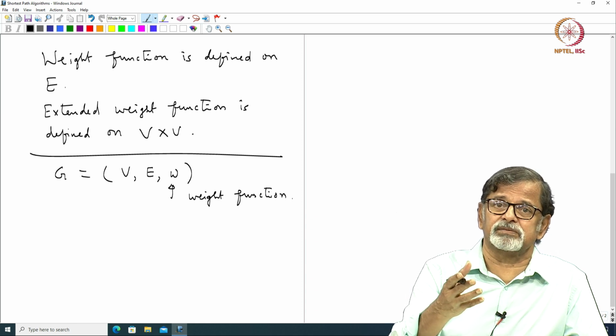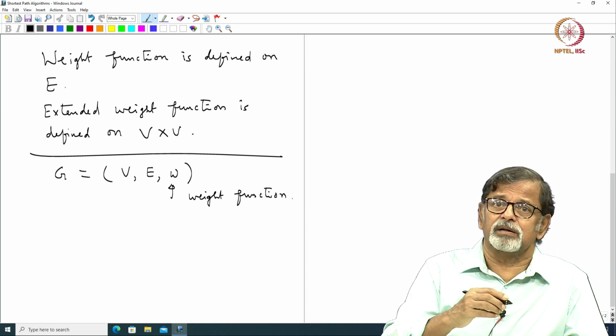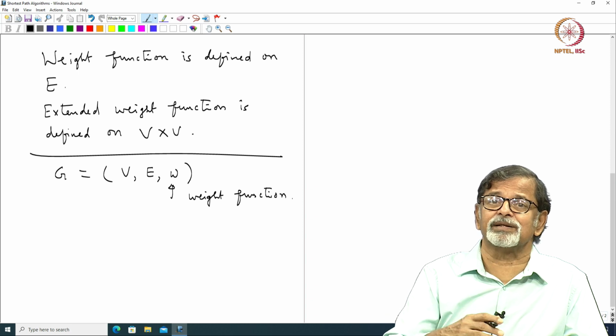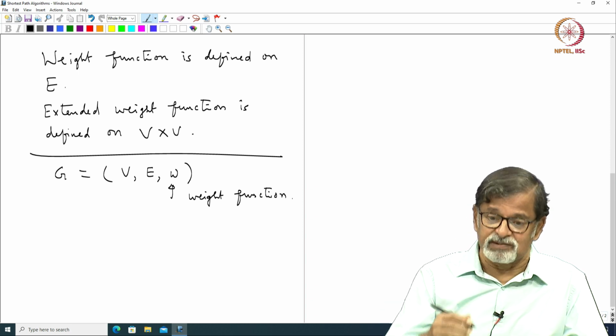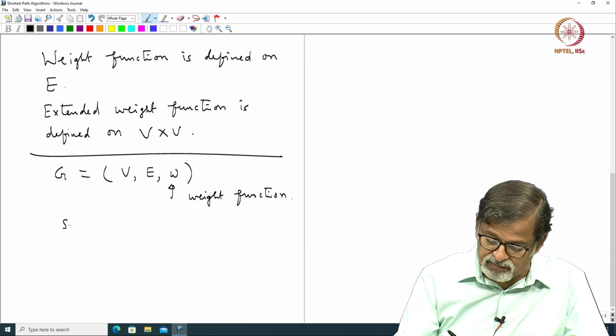As we have already seen, the concept of a walk or a path extends the notion of adjacency. So, we will consider a sequence of edges.